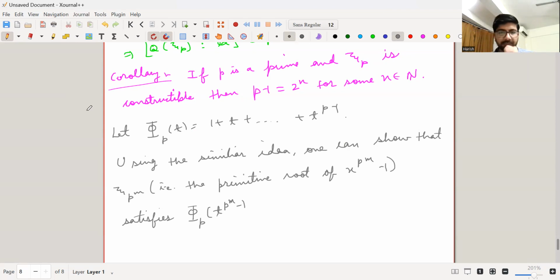So what does this mean? You just replace this t with t^(p^(m-1)), and the polynomial, whatever you get, it satisfies that polynomial, and check that this is also irreducible.